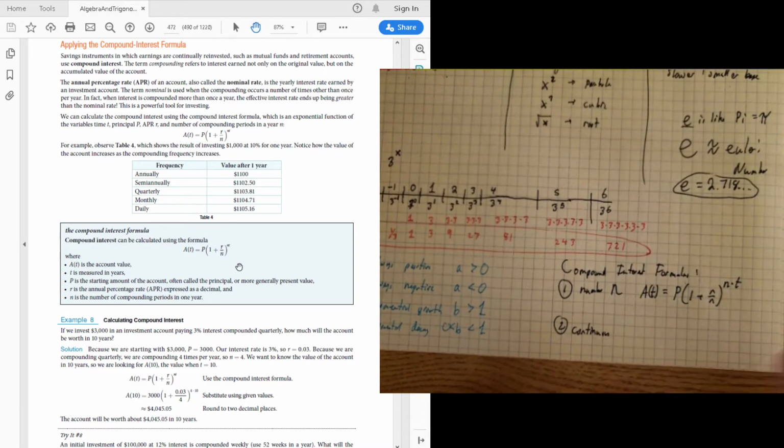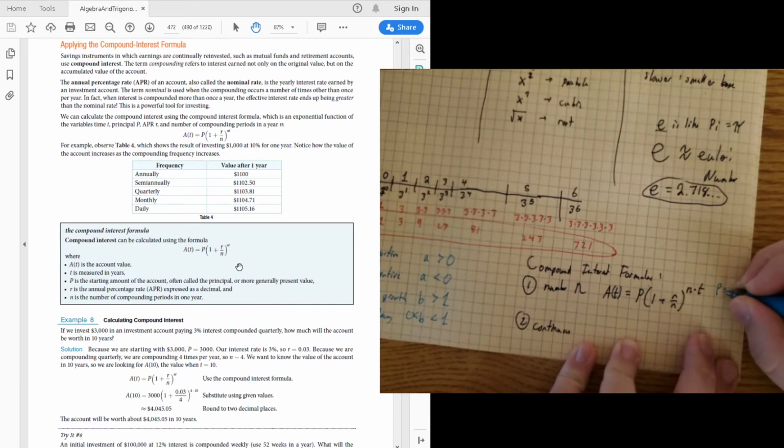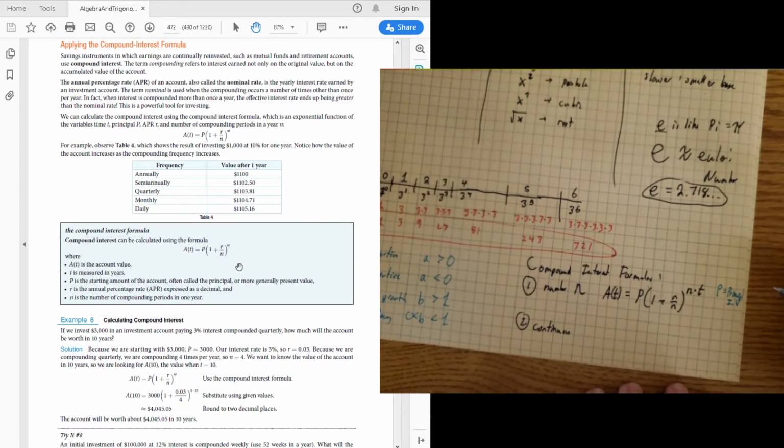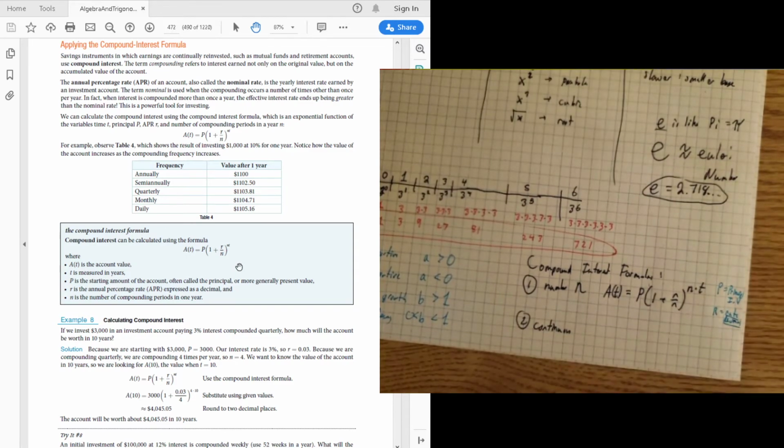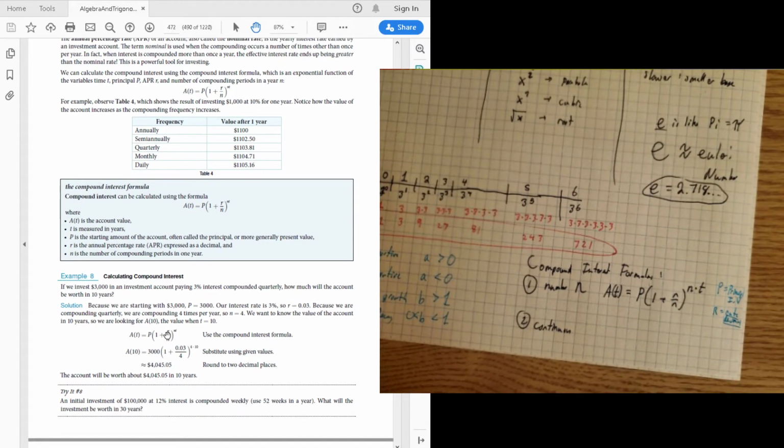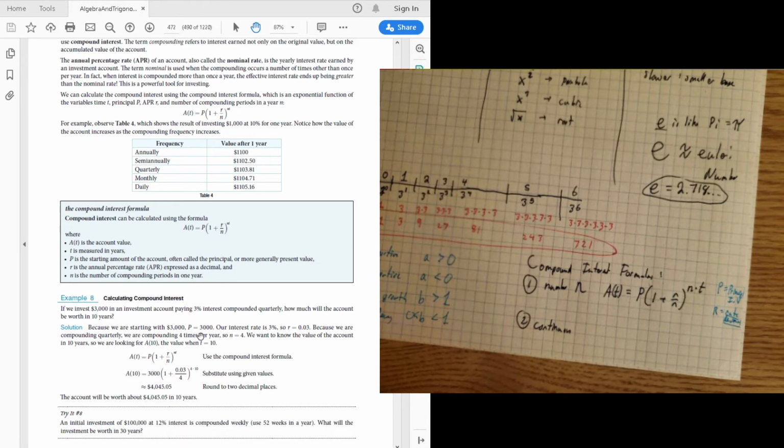Now, in this case, P is your principal. It's also your initial value, so don't forget that. R is your rate, and make sure this is a decimal. That's a big detail. In fact, you might want to consider looking at example 8 as a good guide for these problems.